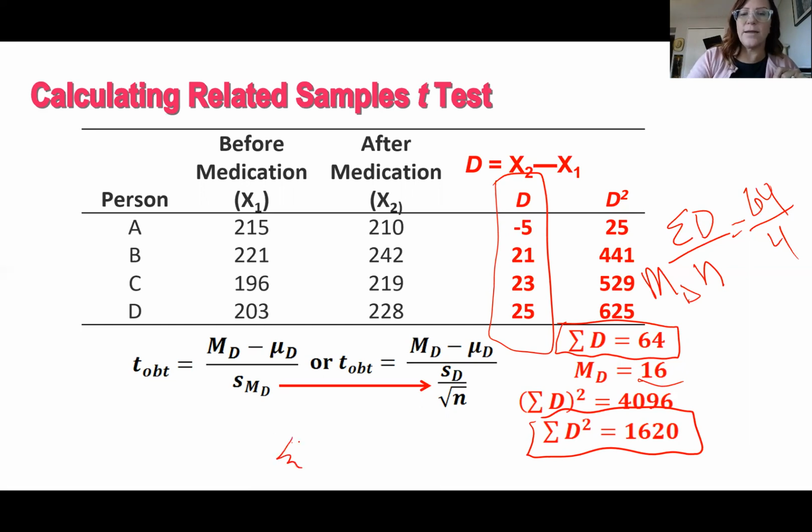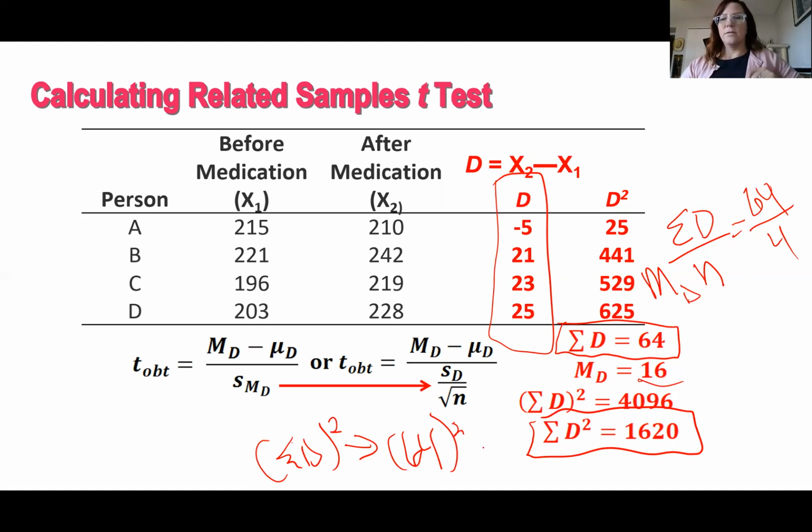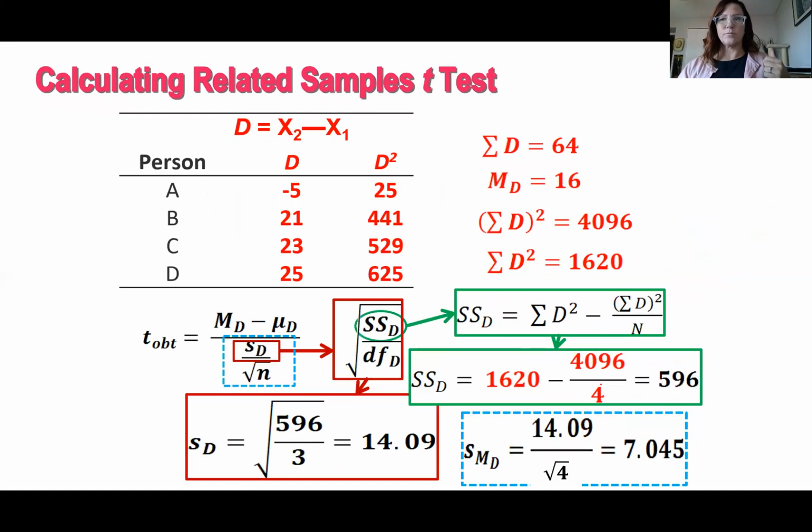This is the same thing as 64 squared, which is 4,096. So these are the basic calculations you're going to need to get that related t-test.